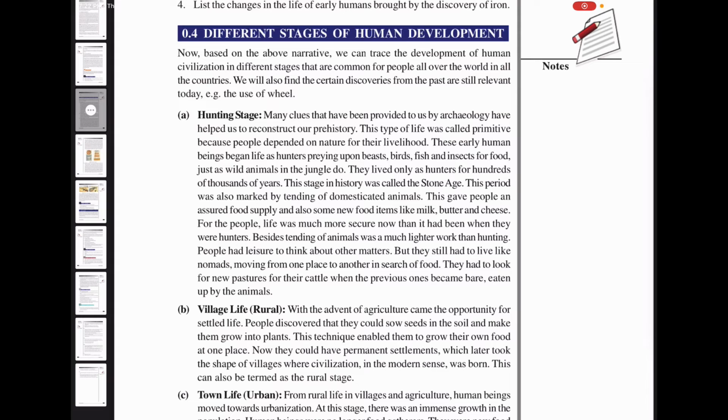Hunting stage. Many clues that have been provided to us by archaeology have helped us to reconstruct our prehistory. This type of life was called primitive because people depended on nature for their livelihood.